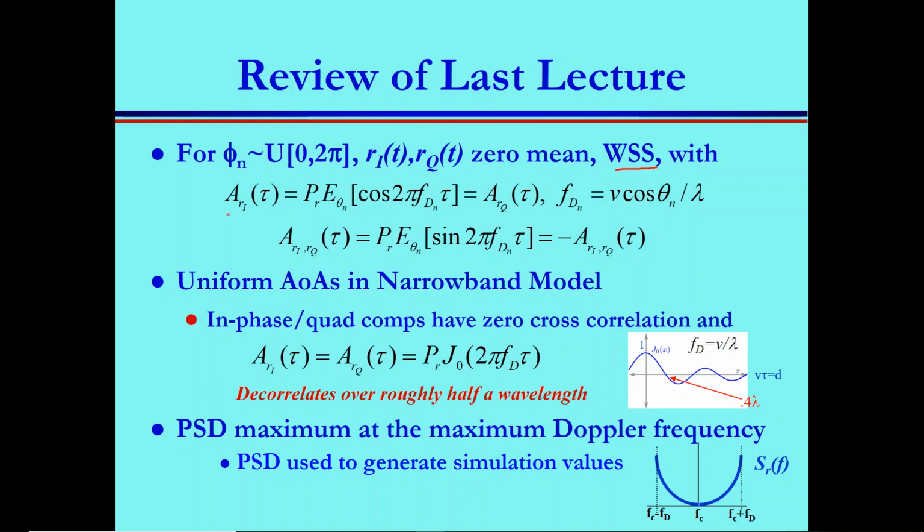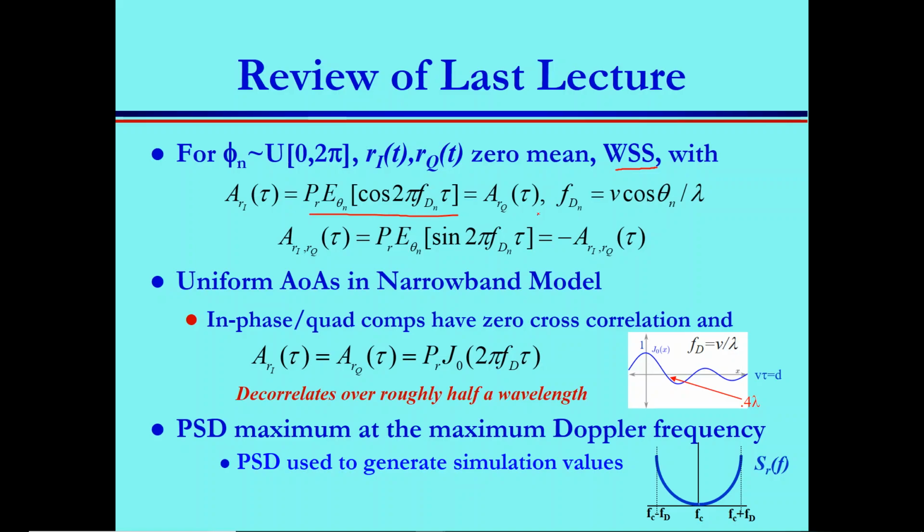And accordingly, you have your autocorrelation function with respect to the in-phase component, which can be given as follows, and which is exactly equal also to the autocorrelation related to the quadrature component, because your received signal is complex, as we explained in the previous lecture, and has an in-phase component and a quadrature component.